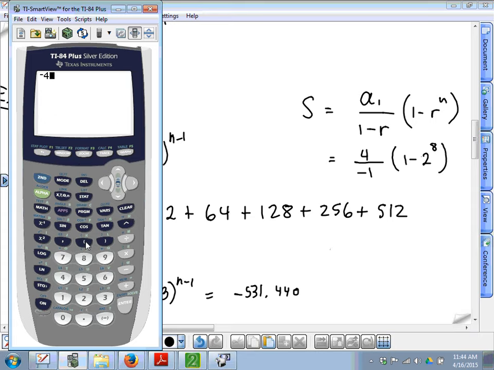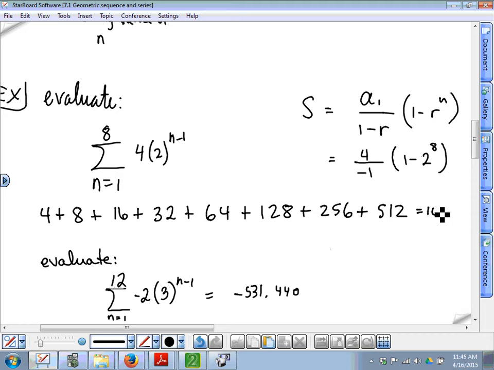If you type in negative 4, and then in parentheses type in 1 minus 2 to the 8th power, you get 1020. And that's the same number you would have gotten had you added all these numbers up one at a time in your calculator. The sum is 1020.